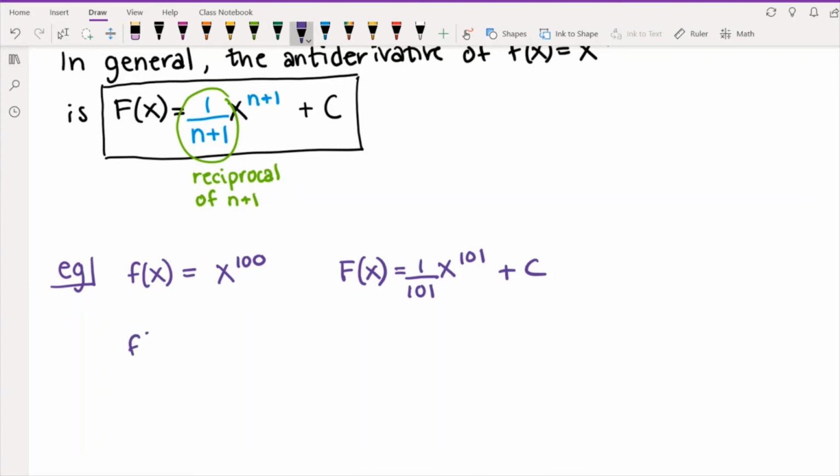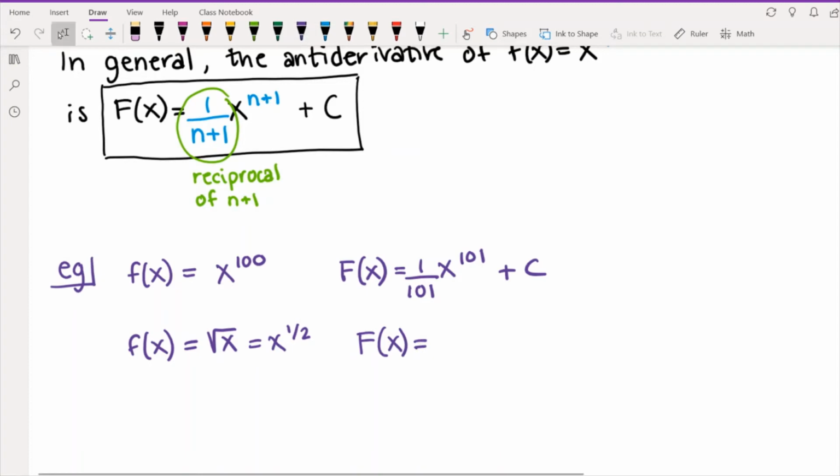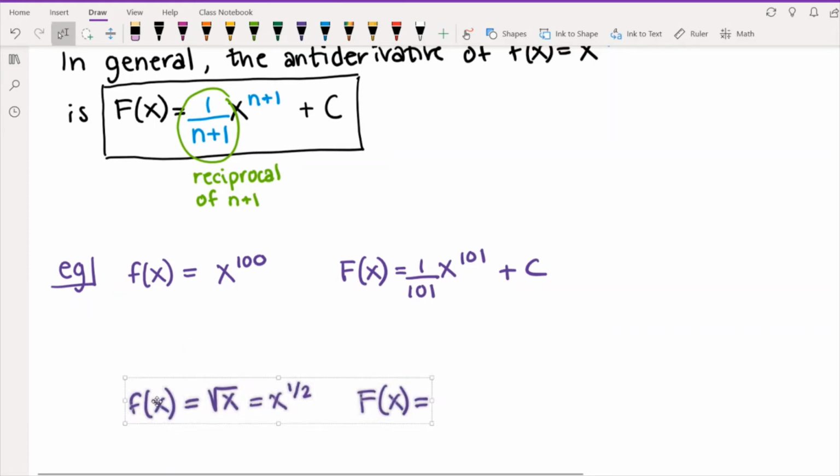Okay, next example, let's try square root of x. Just like with taking derivatives, with taking antiderivatives you want to rewrite it as an exponent. So we can rewrite this as x to the 1/2. What's the antiderivative going to be? Well, we want to start by adding 1 to the exponent, and I'm going to scooch this down so that we have space for me to add a few notes.